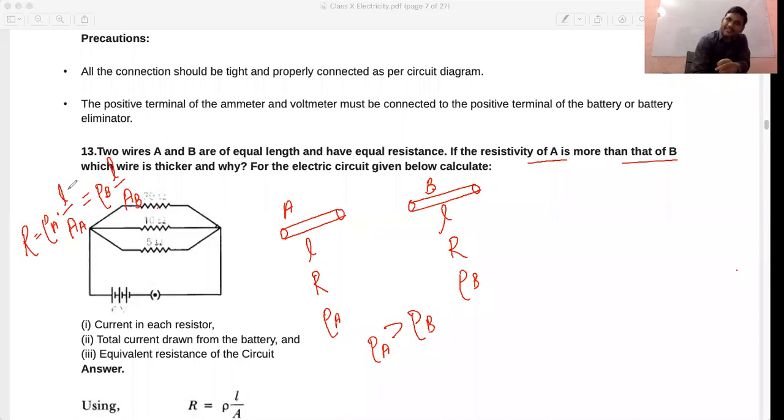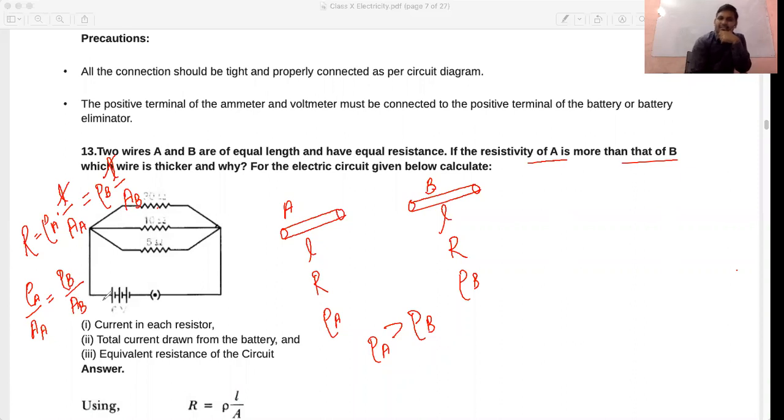Now you can see the length and R are going to be the same, and you can take the ratio of area of cross section of A and B. So it can be written as rho A, area of cross section of A, should equal to rho B.